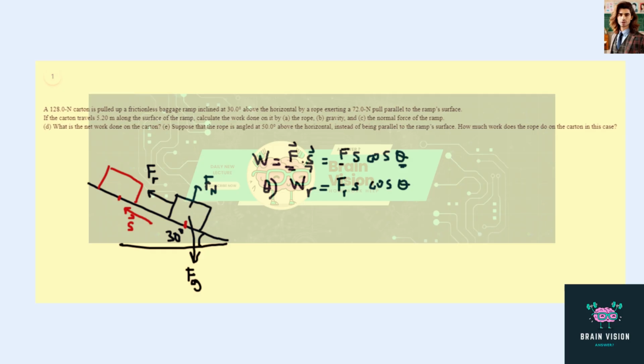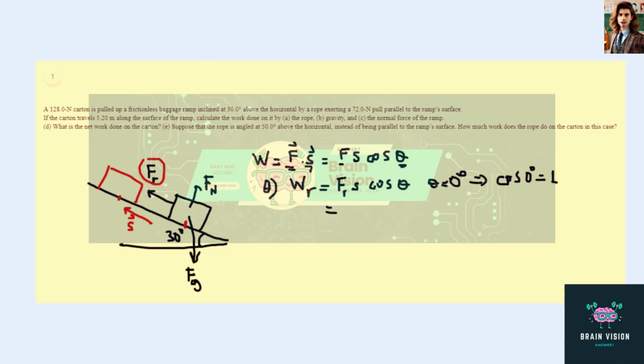If we go back and look at the free body diagram, the direction of the displacement vector is up the inclination, and so is the direction of the force exerted by the rope. So they're parallel with respect to each other, which means the angle between these two vectors is 0. So cosine 0 gives us 1.